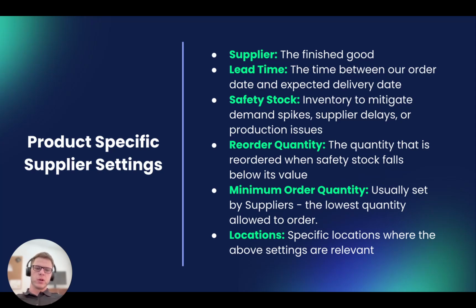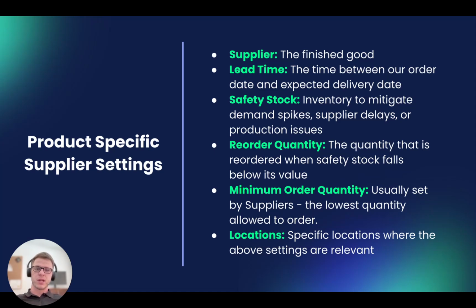Then we also look at our reorder quantity. So when we place an order, what is that order going to be for? We can set that up as a specific detail. And then we also look at the minimum order quantity. So oftentimes our suppliers will say to us, we can only order 1,000 units at a time.